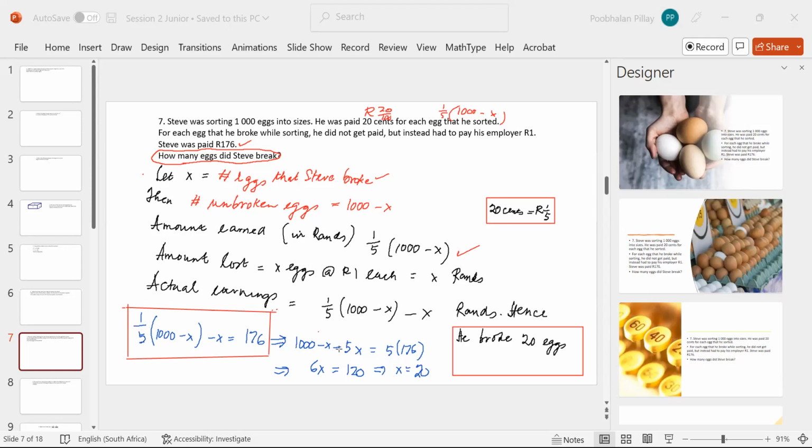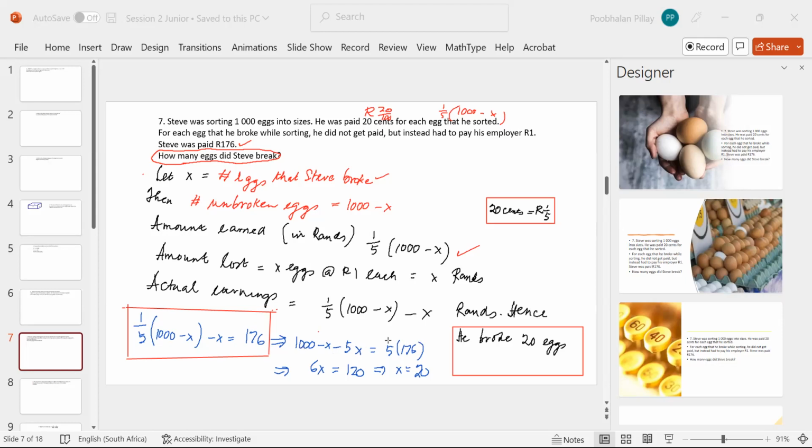You multiply this by 5, you get 1,000 minus X. Multiply this by 5, you get minus 5X, equals 5 times 176. Now you've got a nice equation here. Bring all the X's to one side. Minus X minus 5X is minus 6X, but I took it to the other side, so that becomes 6X. And then on this side you've got 1,000.